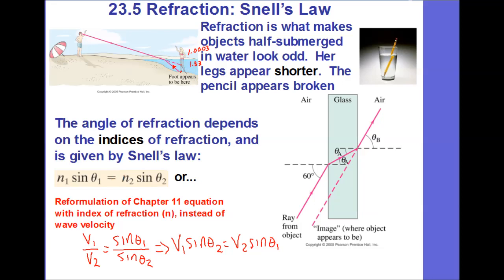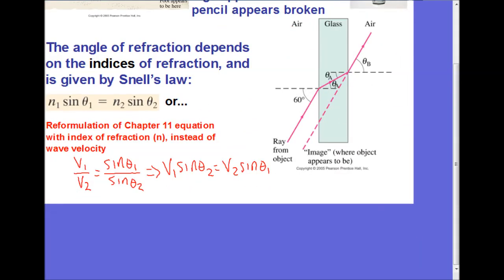You may recall in the previous slide we said since n was equal to c over v, we could say v is equal to c over n. So let's go ahead and write that here. So this would be c all over n1 times the sine of theta 2 would equal c all over n2 sine theta 1. We can see that these reduce out.